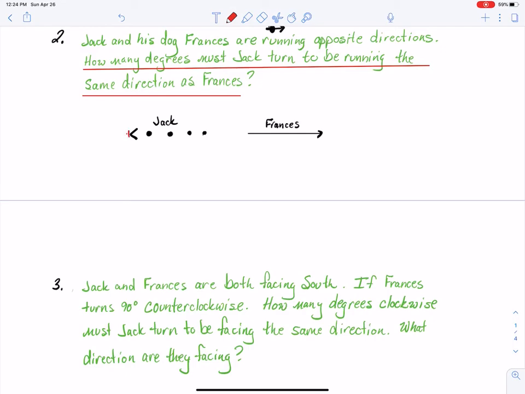So if he's facing where my dash is to begin with, I'd have to turn him 90 degrees down, and then another 90 degrees, taking him back over here. So that would make 180 degrees. So Jack had to turn 180 degrees.